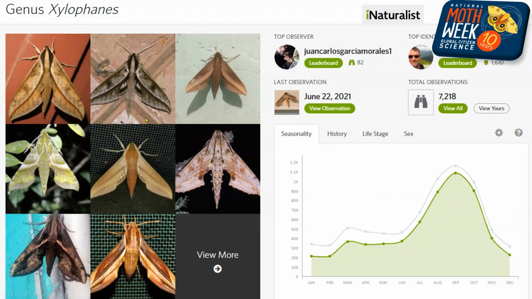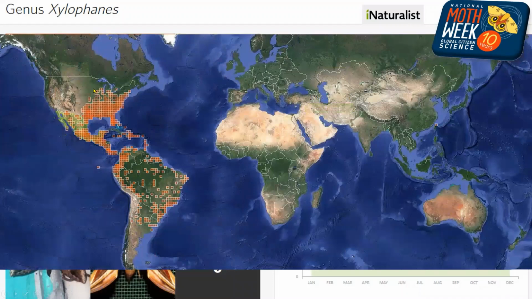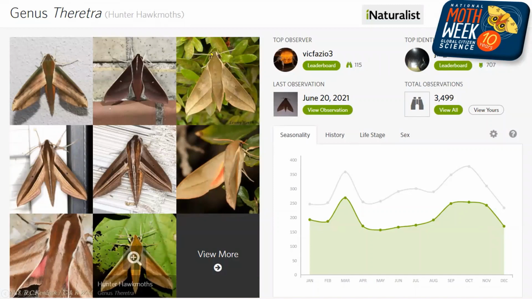So this is a New World genus distributed in tropical and subtropical Americas. There's one species record here from Taiwan, which is a misidentification of a Theritra, and they look unsurprisingly similar.